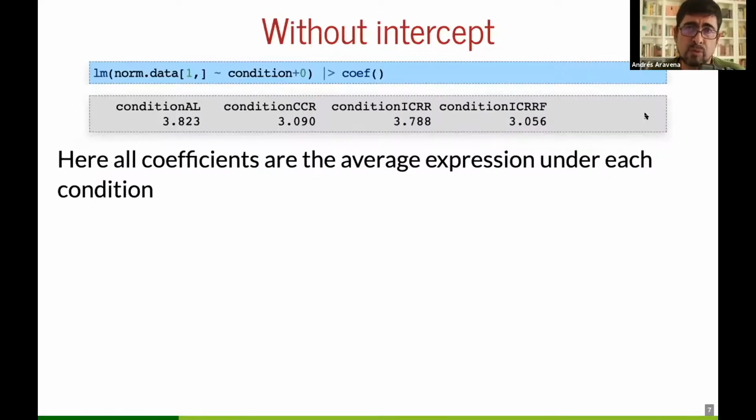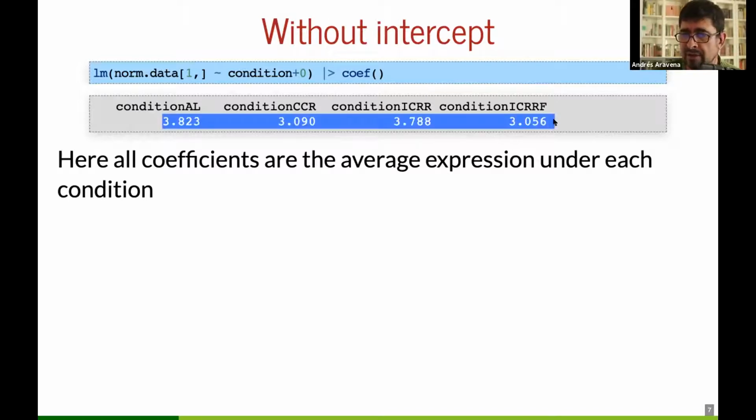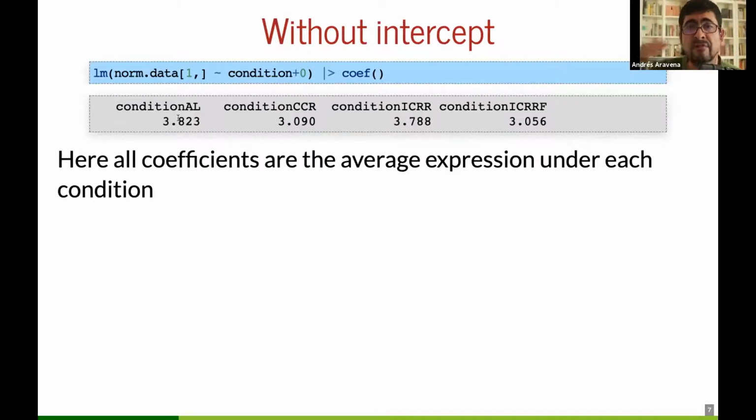If for some reason we don't want to have an intercept, for example, if instead of the differences I want to see the absolute values of each case, I just need to add a 0 here. The 0 in this syntax of R means don't use intercept. And in this case, you see the values are all averages, and you have to calculate the difference on your own.